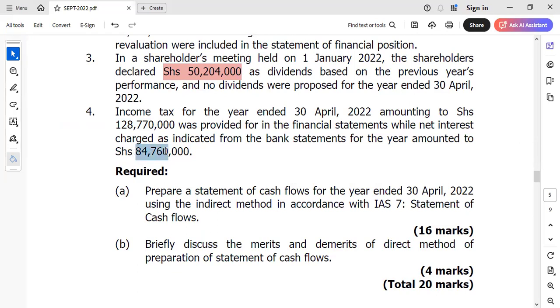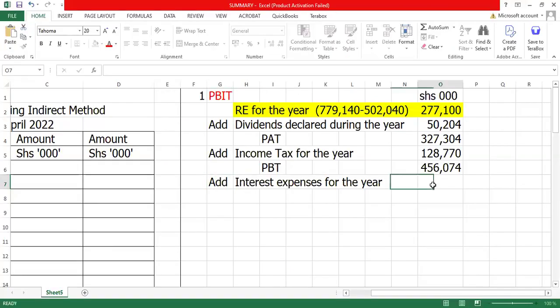What are our interest expenses for the year? They are here. So you add back this. So it means that when I add back the interest, I will be getting profit before interest and tax, which is the one that I need.